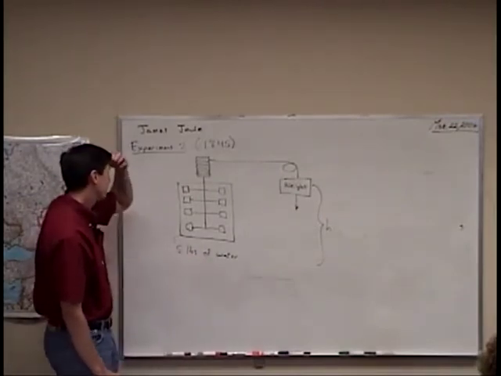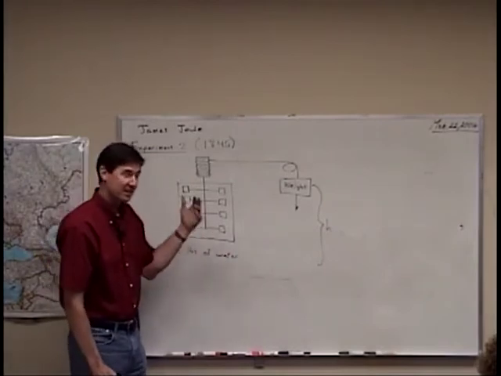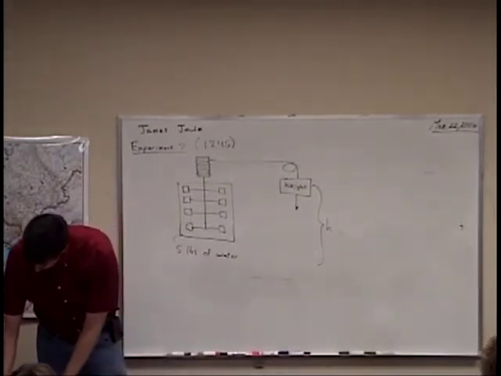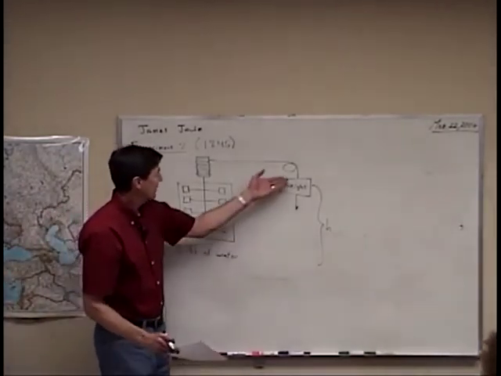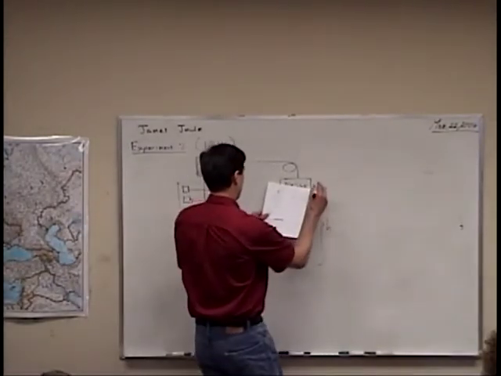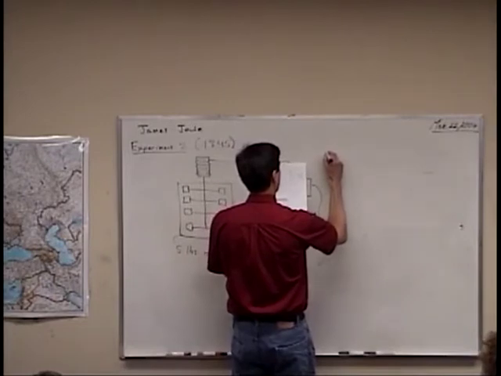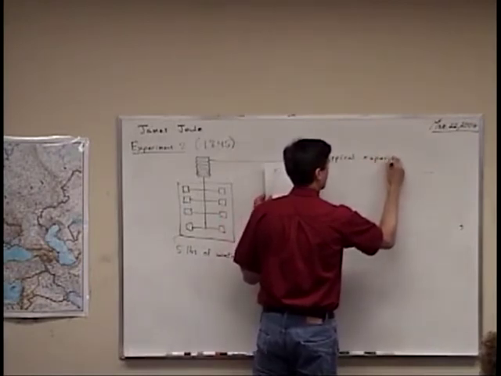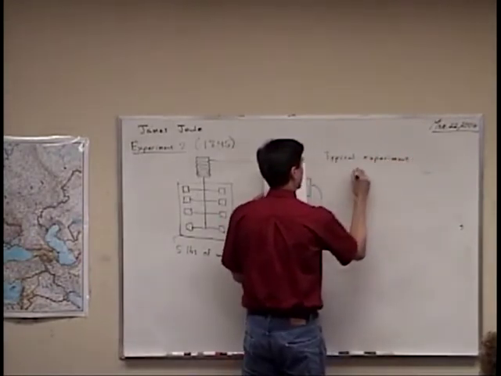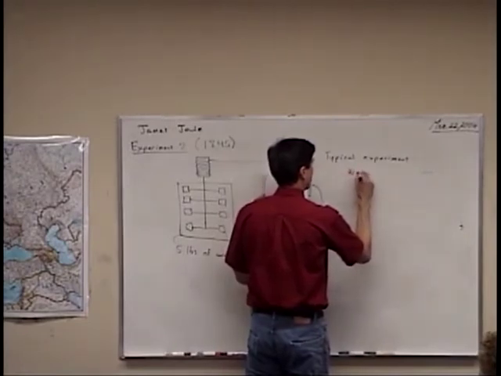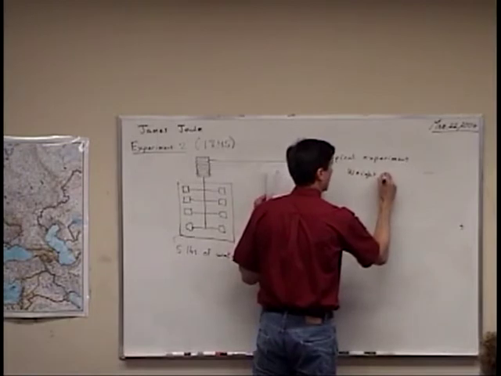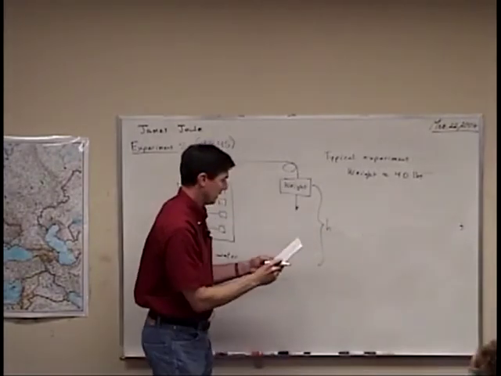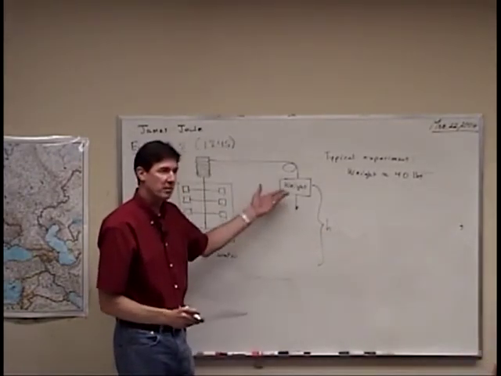So 5 pounds of water. This is what Joule used. In a typical experiment, let's say he has a weight of about 40 pounds, and he drops it 20 times through a height of 5 feet.